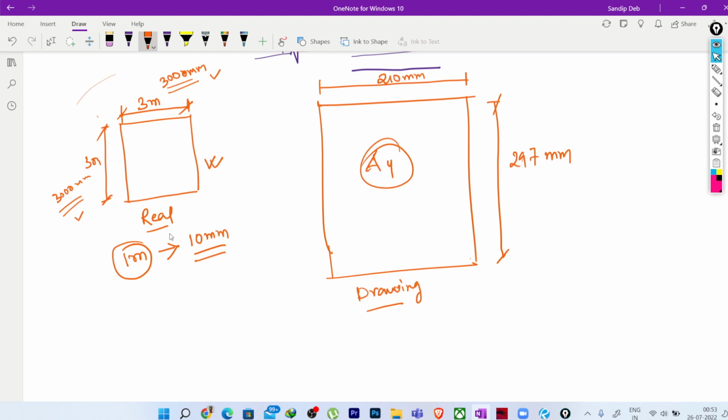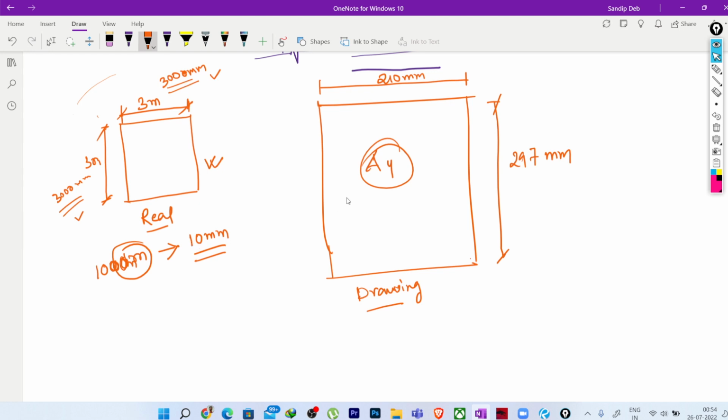So in this case, we have 3 meter. Let me just write it properly. 1000 mm in real case will be 10 mm in my drawing. Here we have got 3000 mm, so how much will it be?